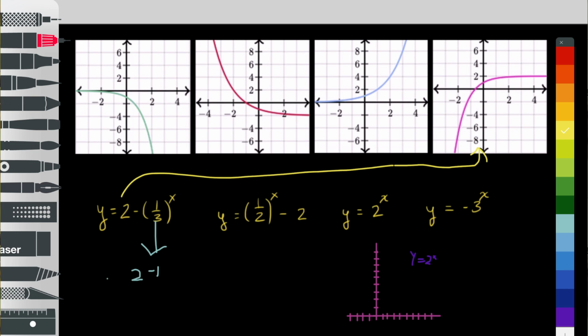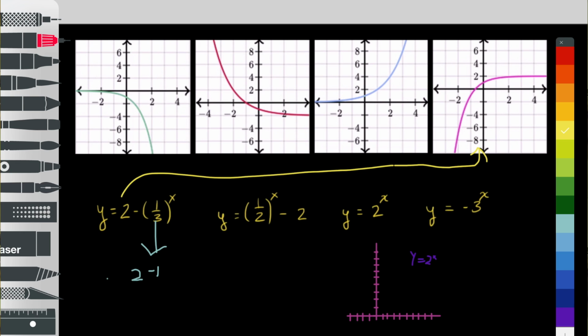So now what about that graph? Well, y is equal to (1/2)^x minus 2. When x is 0, (1/2) to the 0th power is just 1. 1 minus 2 is -1.